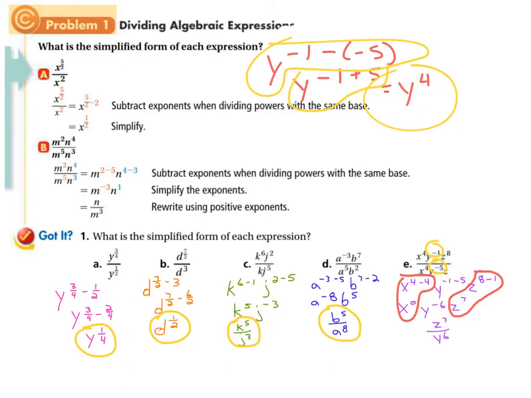And if I can erase it, let's pick a small one. Okay, that should be negative 1 minus negative 5, or y to the 4th.